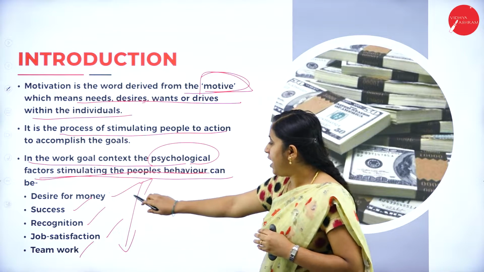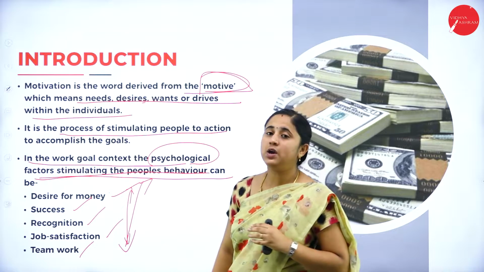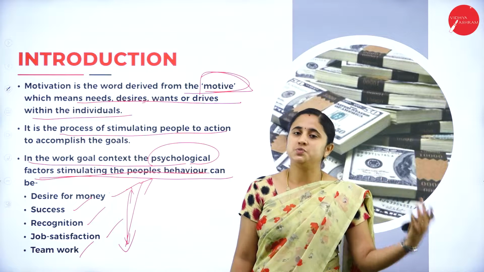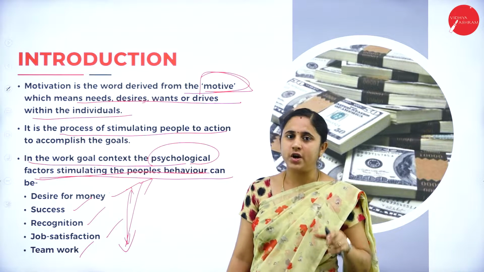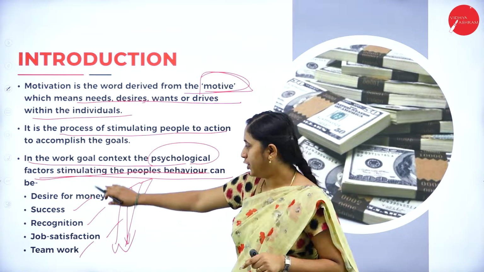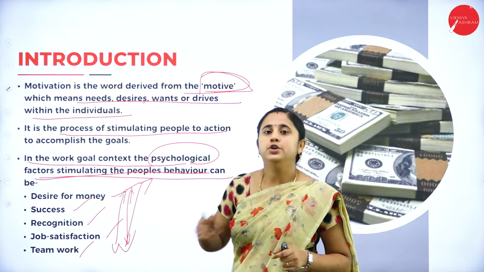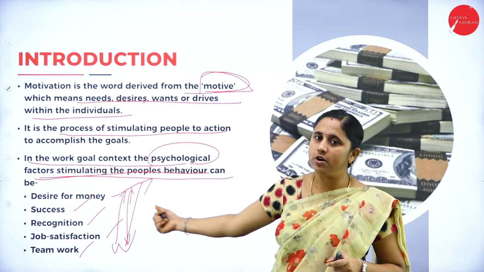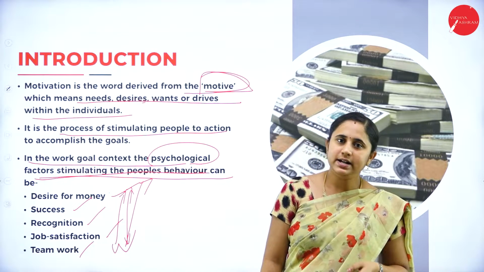These factors come under the work context. In general, your desires, needs and wants may differ, but in the work context the needs, desires and drives are these. You're going to take action in order to achieve all these needs and desires.